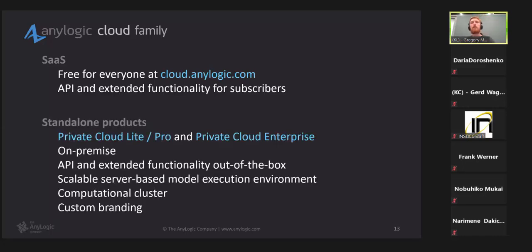And also we have the standalone on-premise products, namely Private Cloud Lite, Private Cloud Pro, and Private Cloud Enterprise. They provide the same functionality as the software as a service solution, considering it is an on-premise installation. And in addition, they provide enterprise features such as a scalable server-based execution environment, clustering, and custom branding.